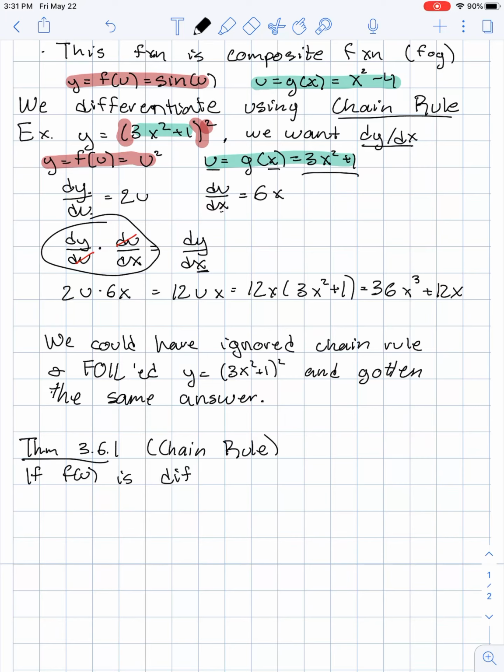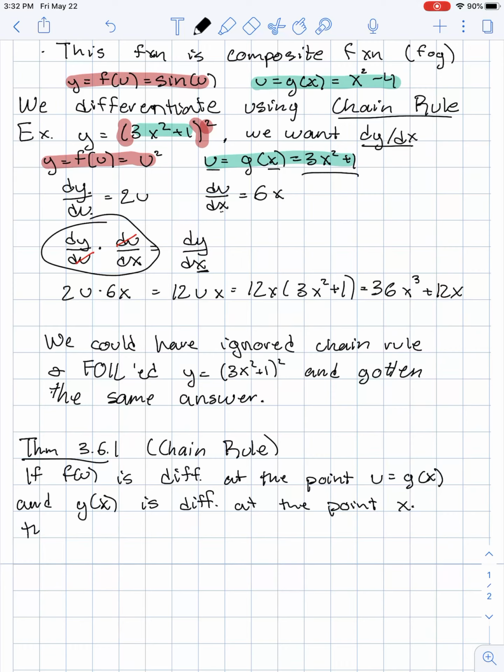So it says that if f of u is differentiable, remember DIFF, at the point u equal to g of x, and g of x is differentiable at the point x, then their composition f of g of x, which remember we can also write it this way, which is my favorite way of writing it, f∘g.